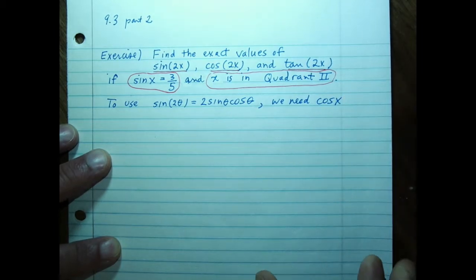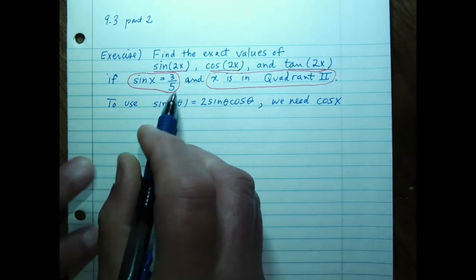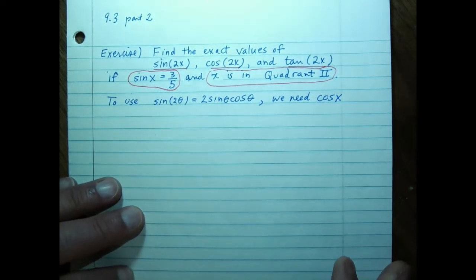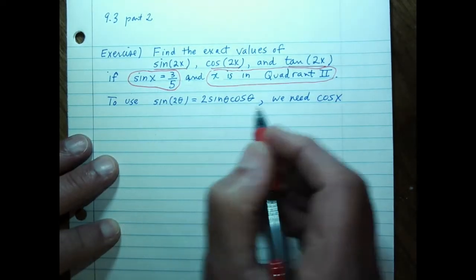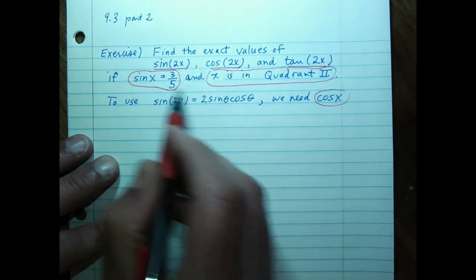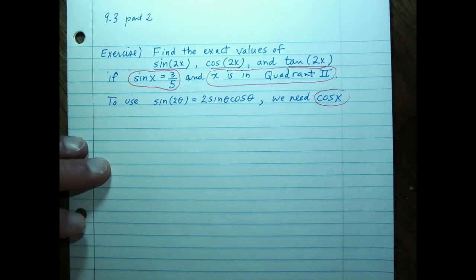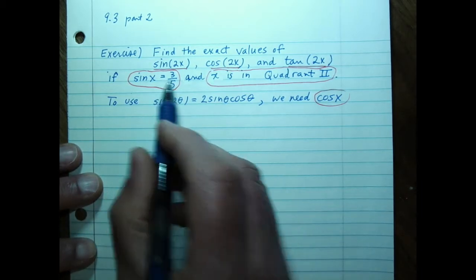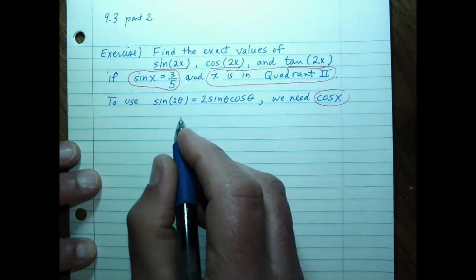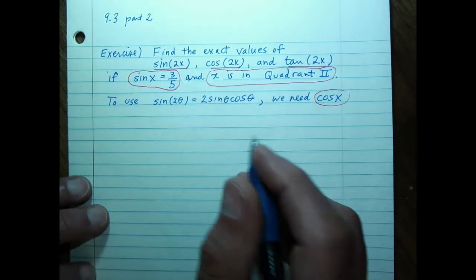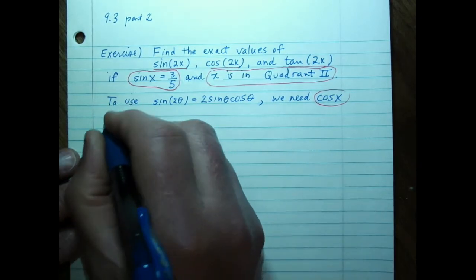I'm going to call it cosine x here because the angle we're working with is called x in this problem. So to use that double angle identity, we need cosine x. We have the sine, and we want to find cosine. Now, we have gone through that process many, many times, and I'm actually going to introduce a second approach to that in the next couple of problems. And yet, I want to look at it both ways.